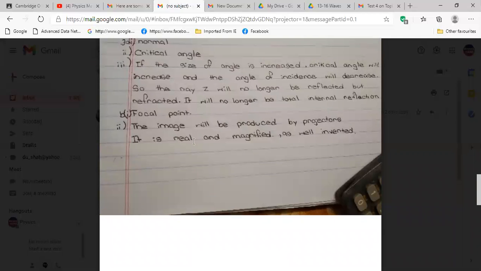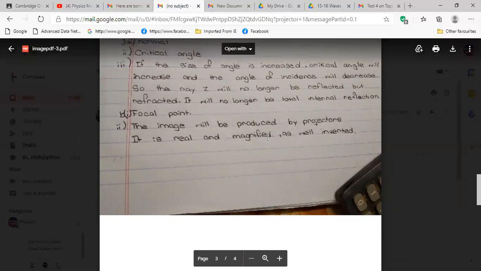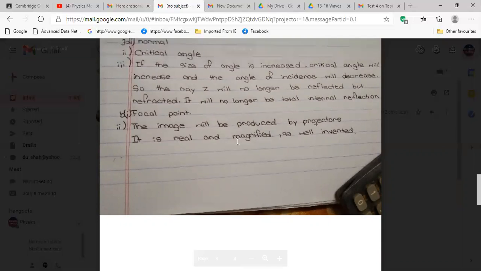So your two answers here you wrote real, inverted. These two we are taking. The other one magnified, you cut. Cut means here you give a small cross, then down bottom of this magnified you write diminished. And other than writing projector, you write camera or eye.